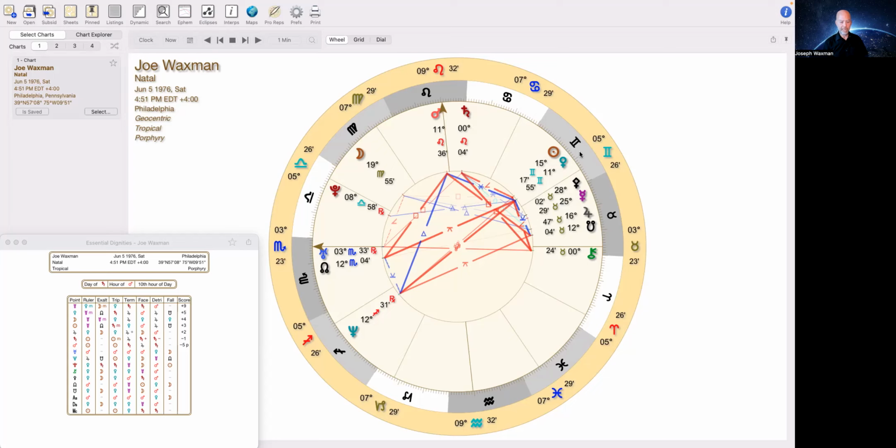Now, you might think everyone likes pleasure, everyone likes food and drink and comfort, but some people really are workaholics. They love to be just working all the time, or whatever it is. If it's Saturn, it's going to be a very restricted kind of person. Mars is very motivated, very action oriented.